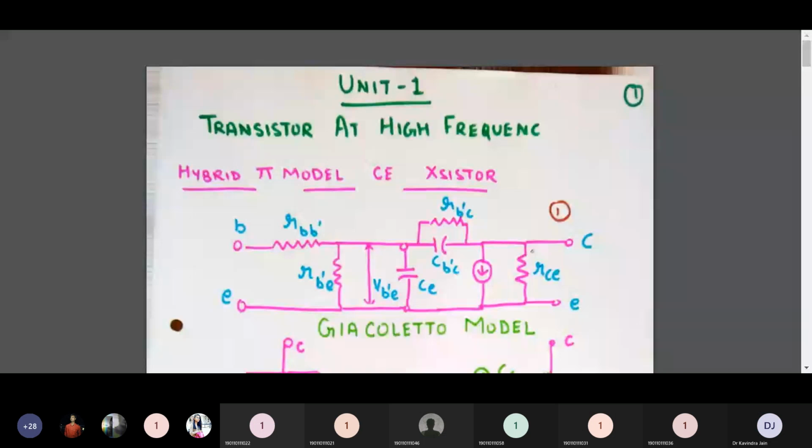Please note down the second point. The change in effective base width causes IE, I subscript E, to change.